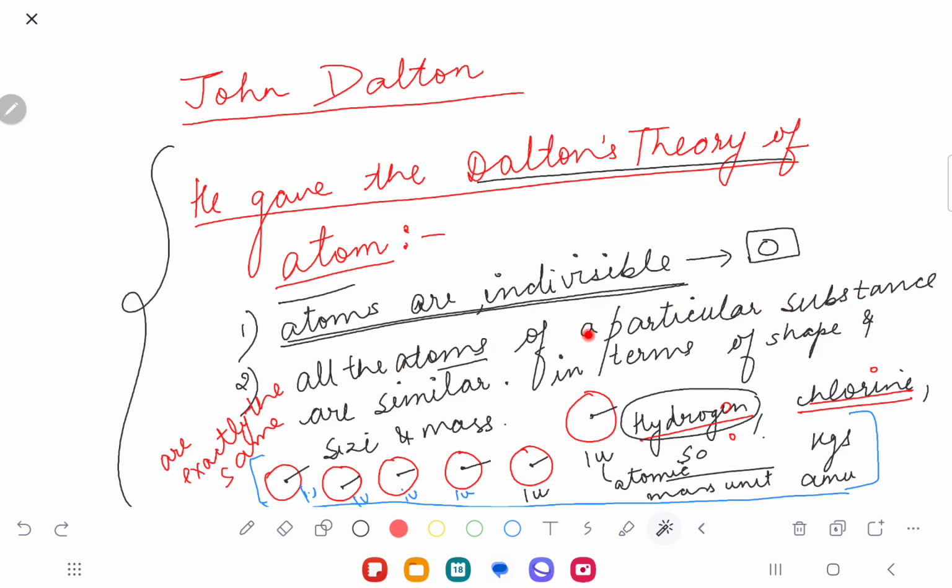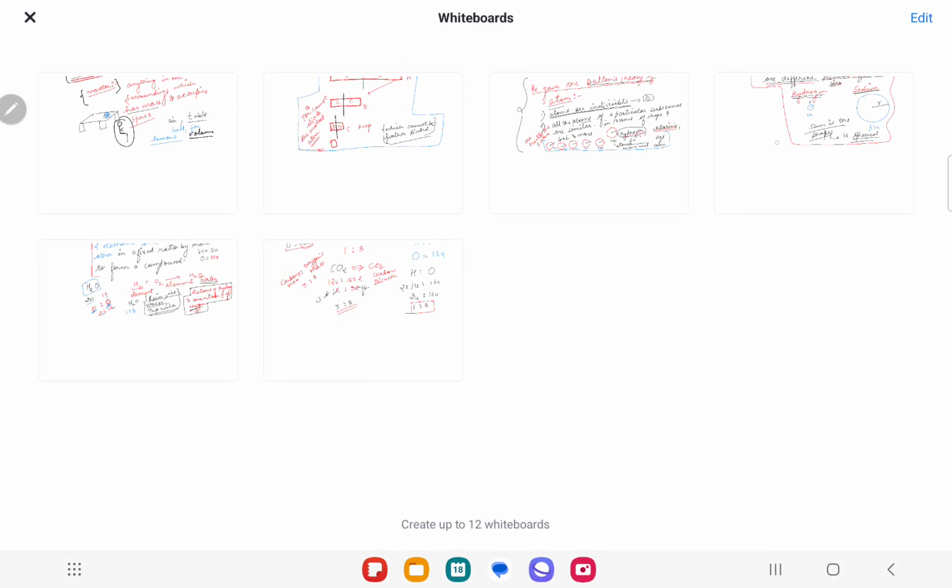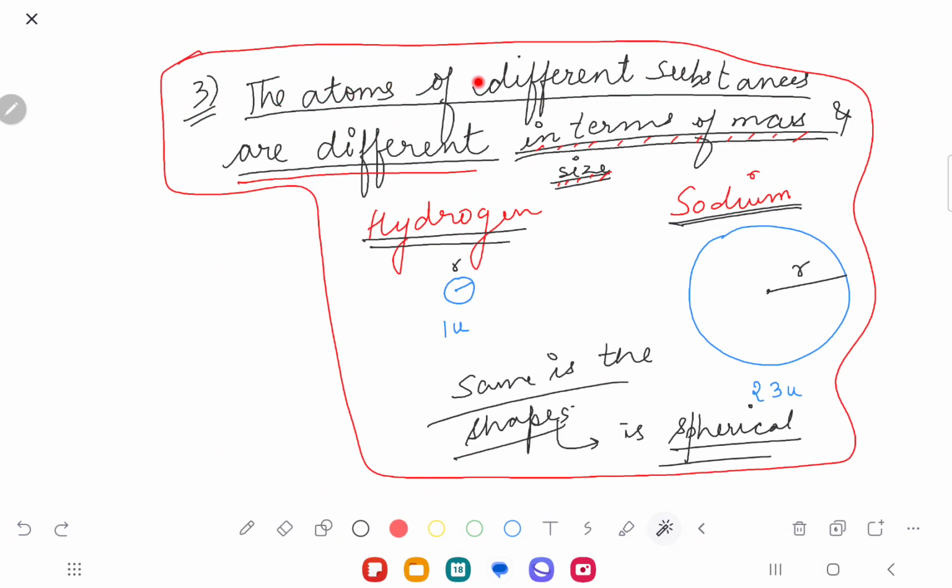Next, the atoms of different substances are totally different in terms of mass and size. Are you understanding?